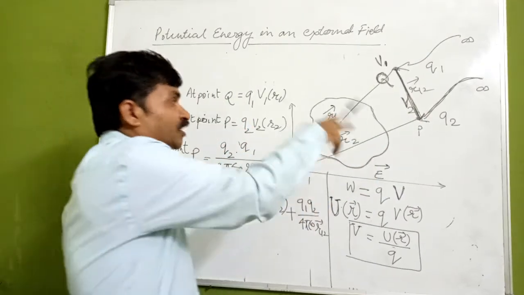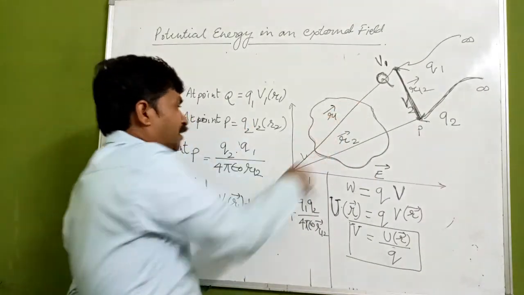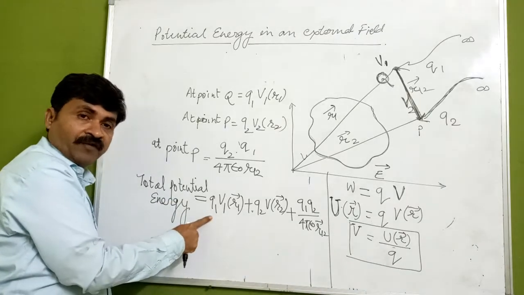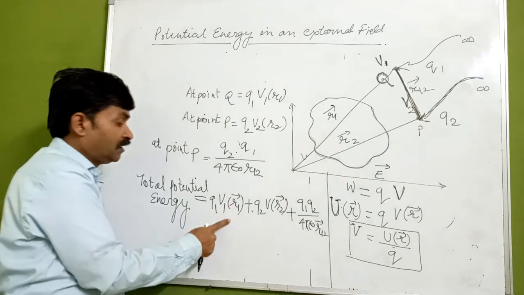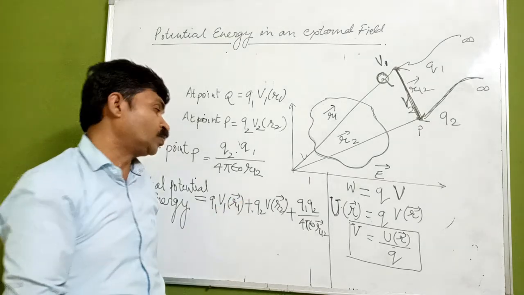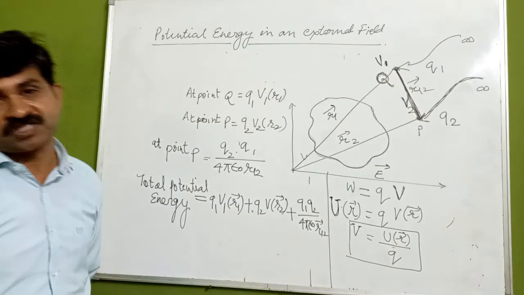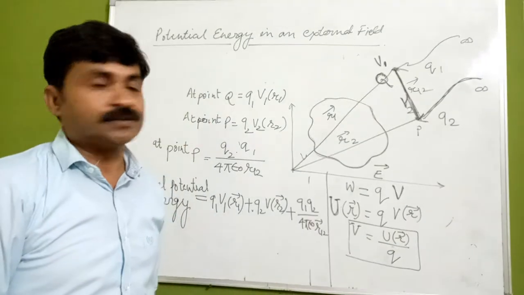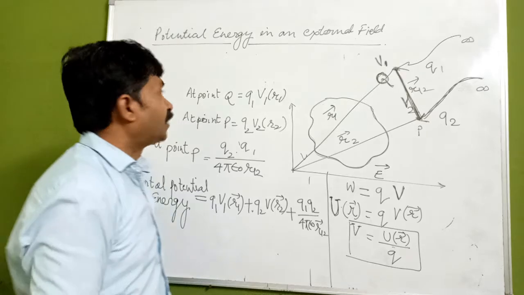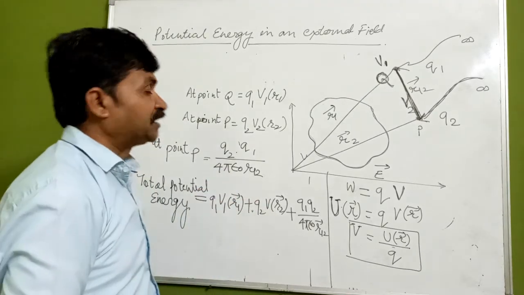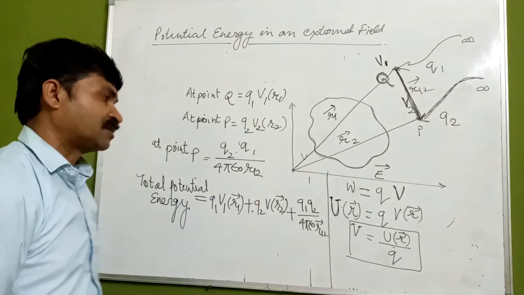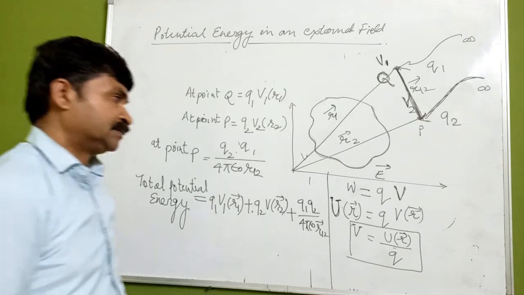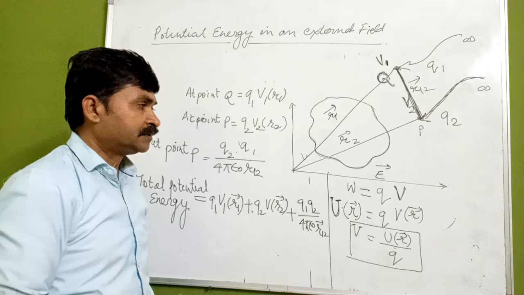After getting 2 points, we come to understand that the total potential energy will be given by Q1 V(R1) plus Q2 V(R2) plus Q1 Q2 upon 4 pi epsilon naught R12. So here we have got the electric potential energy in an external field. Okay. You got it?